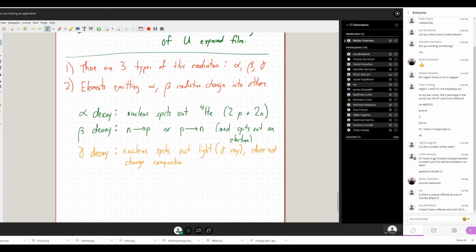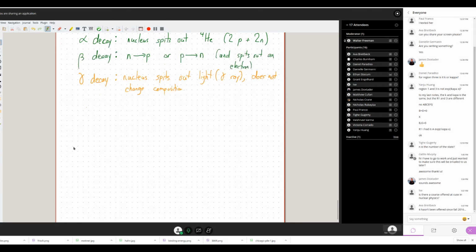So what was known also is that all of these radioactive elements, so elements that undergo these kinds of decays and change into others, are unstable. They do this over some time. Let's see if I can make this work. I'm going to grab a graph.